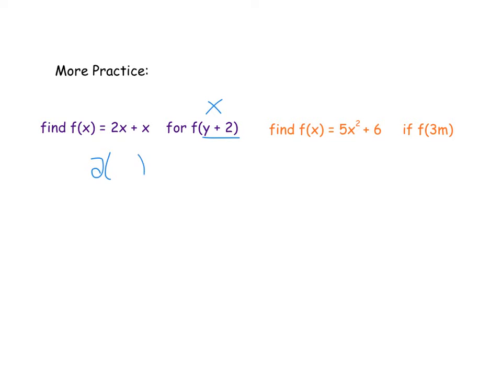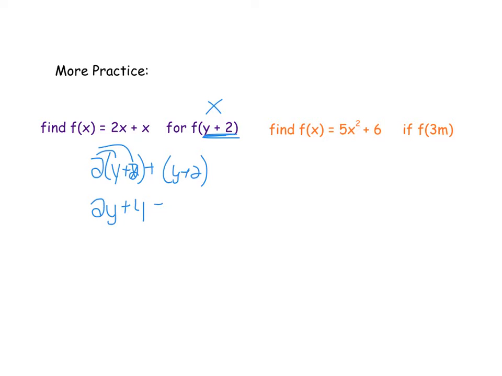So I use parentheses. Anytime there's an x, I'm going to leave that open parentheses. And now I'm going to input y plus 2, and then simplify. So remember how to use the distributive property. So this goes back to distributive property and combining like terms.